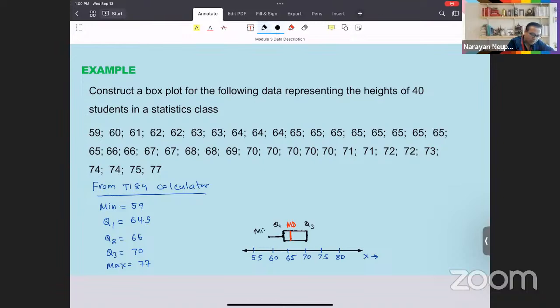That is the minimum. And then on the other side, from the right side, you start that whisker and it goes all the way up to the maximum. Maximum is 77, which is quite close to 80. So let me show it with the dot there. That is 77. So you connect that to that maximum value.